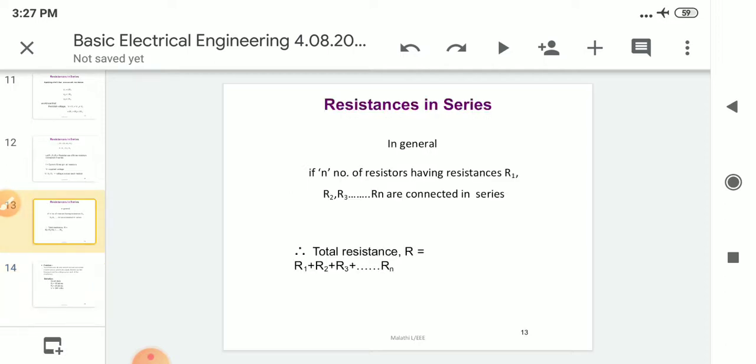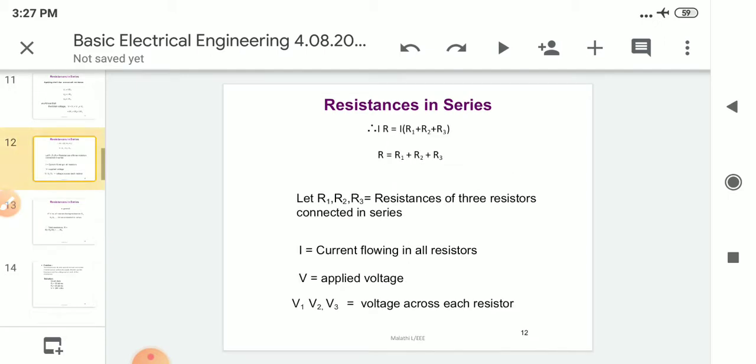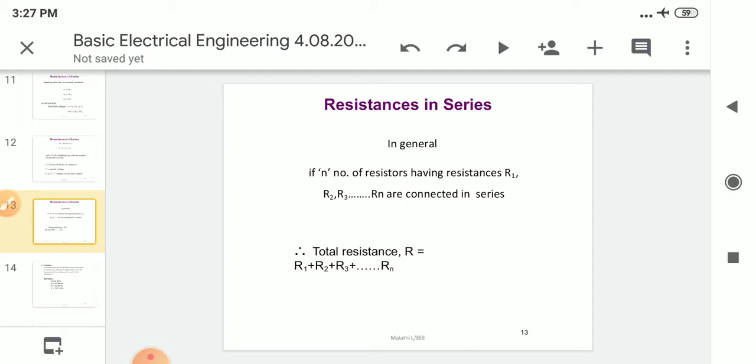Using these formulas we are going to solve these problems. So the final conclusion is that the applied voltage V must be equal to the sum of the individual voltage drops. And for the equivalent circuit, it is seen that total resistance RT is equal to R1 plus R2 plus R3 and so on.